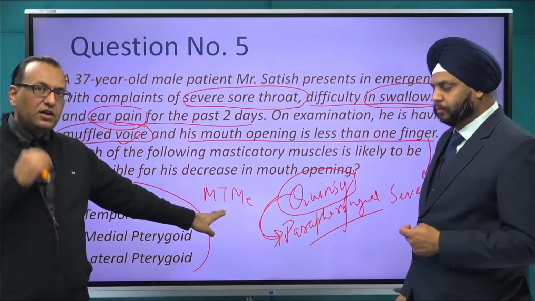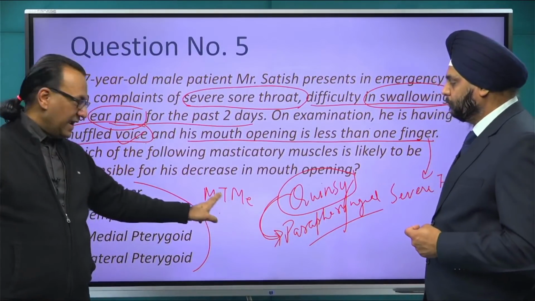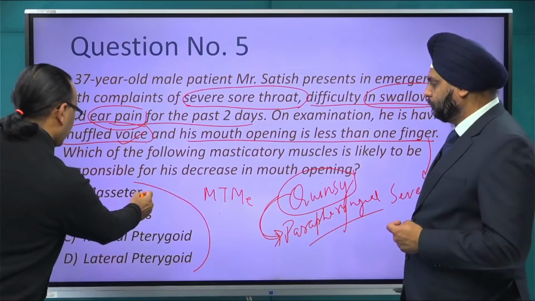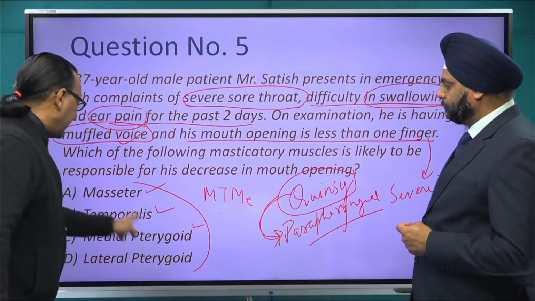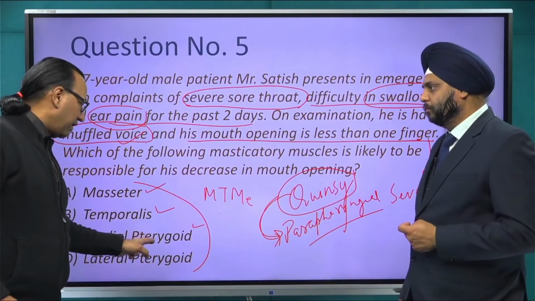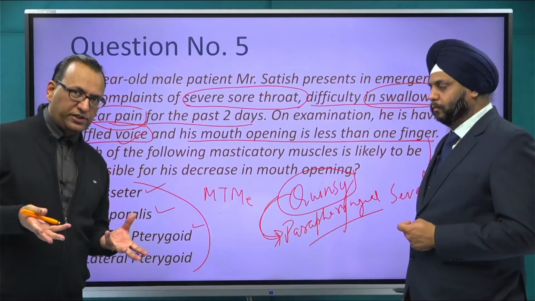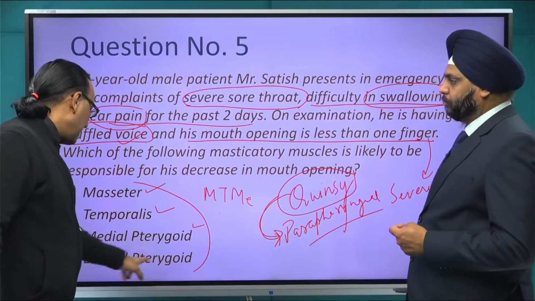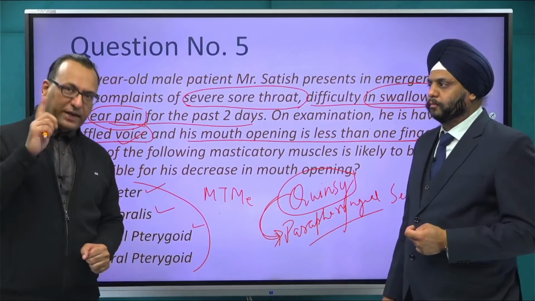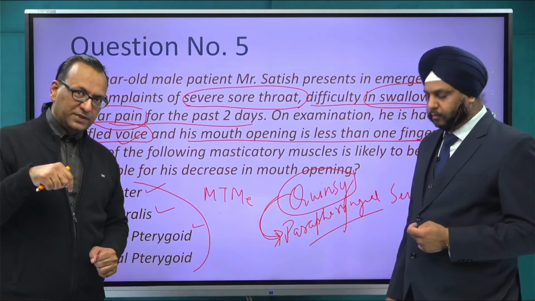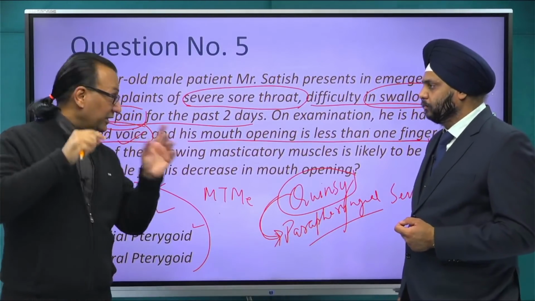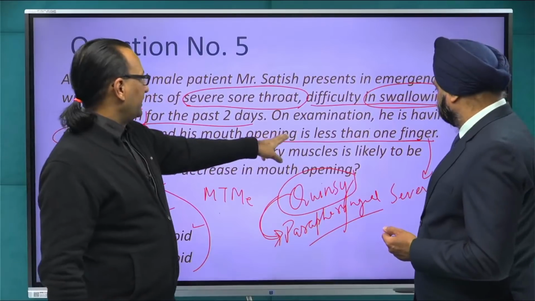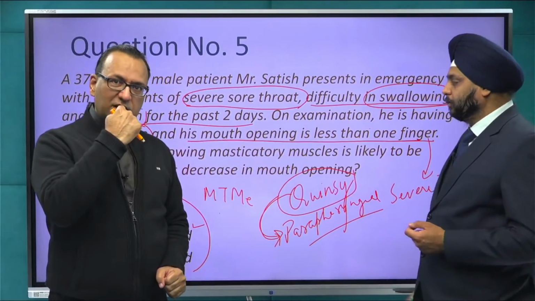They elevate the jaw and close the mouth. M for masseter, T for temporalis, and M for medial pterygoid. These three muscles, if they are in spasm, will cause trismus, not the lateral pterygoid. Lateral pterygoid is basically a depressor of the mandible. It opens the mouth. So trismus or lockjaw or spasm of the mouth, that sir is telling is quite severe. It is just admitting one finger. So less than one finger.